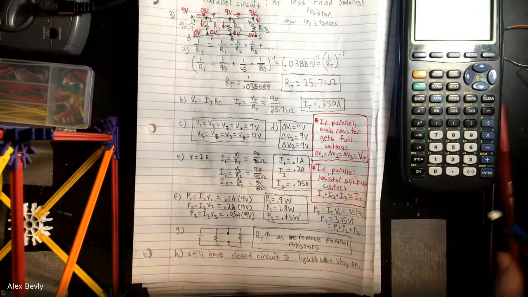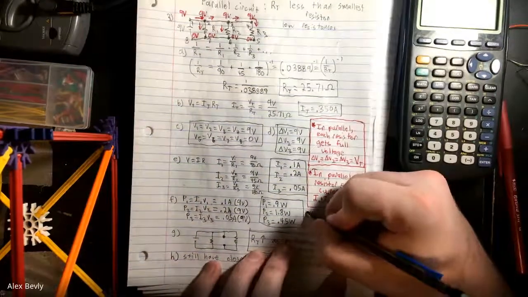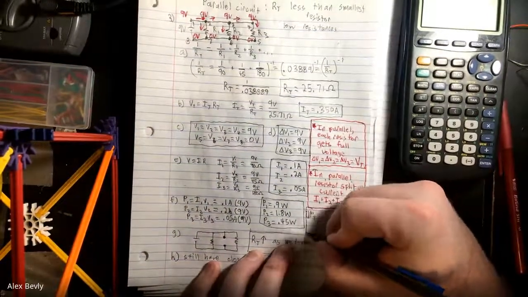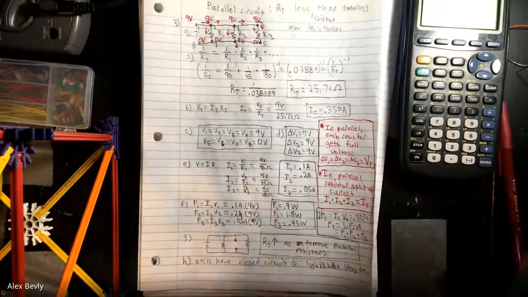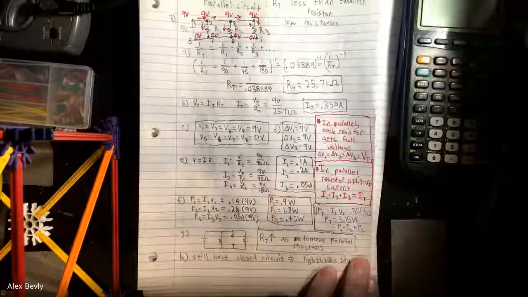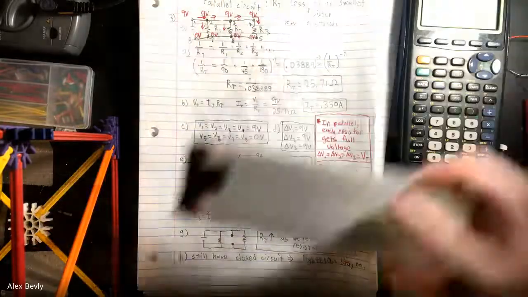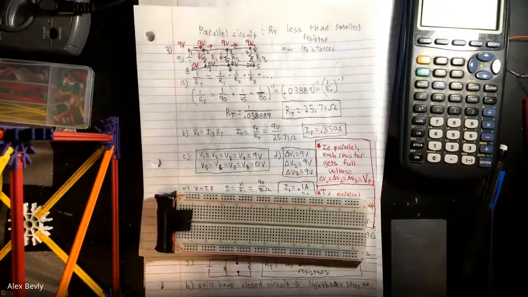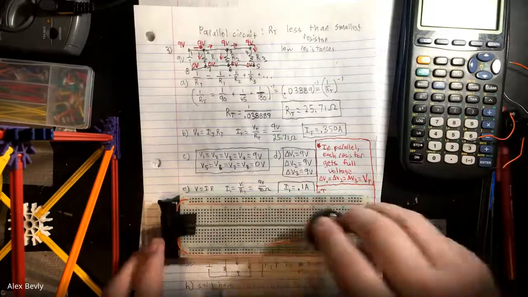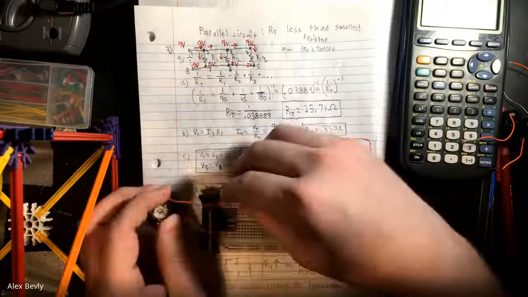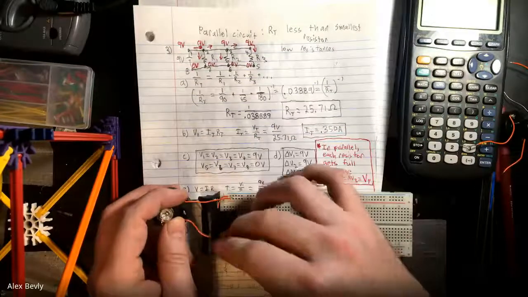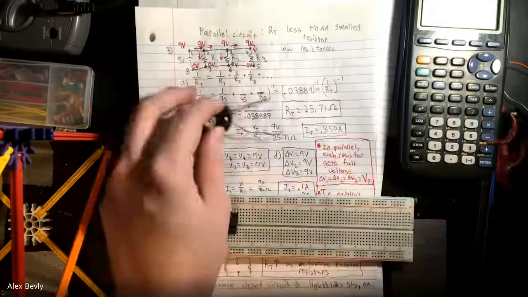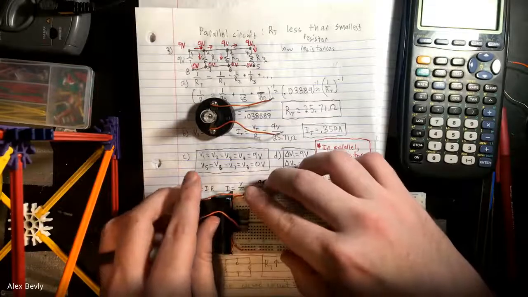And by the way, I actually already solved I over here. So let's set this up in parallel. I have this one. These are the ones I was putting there.